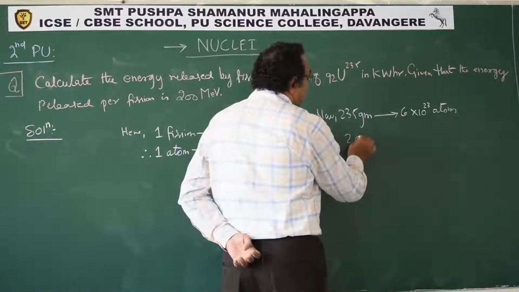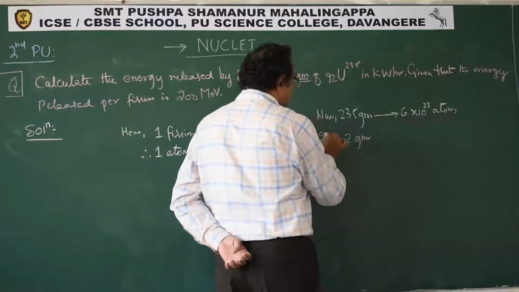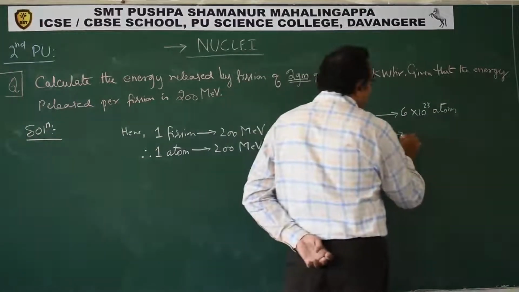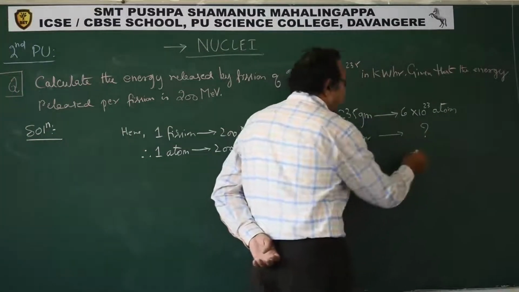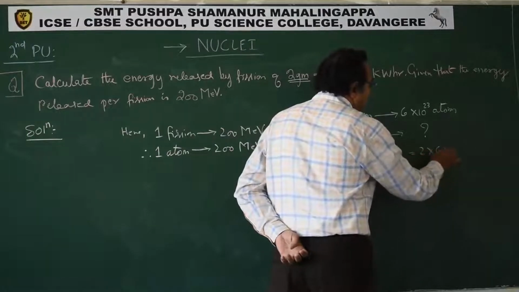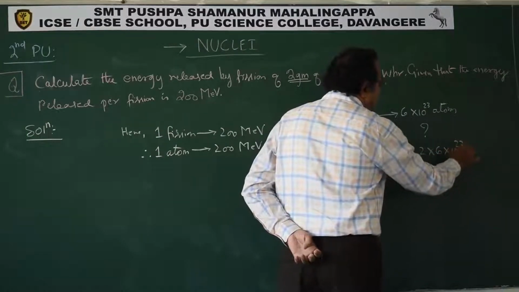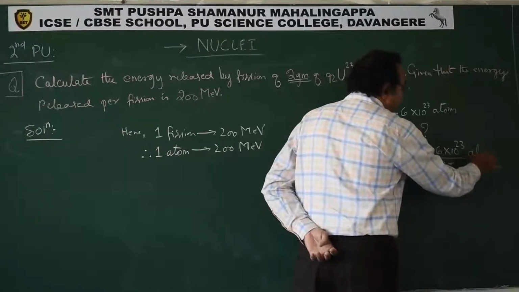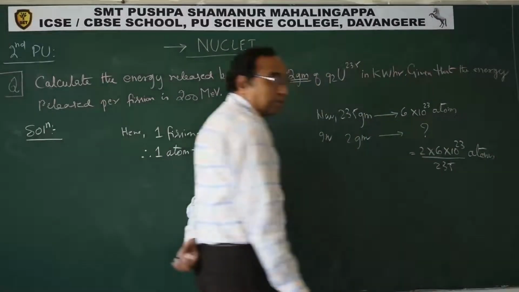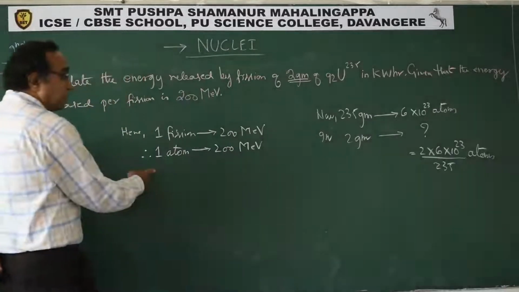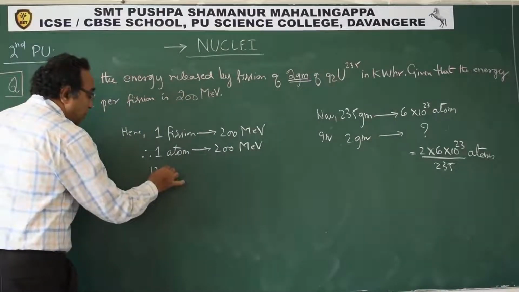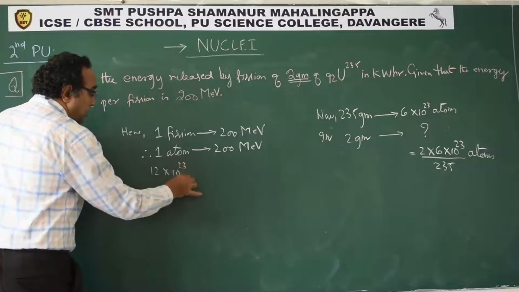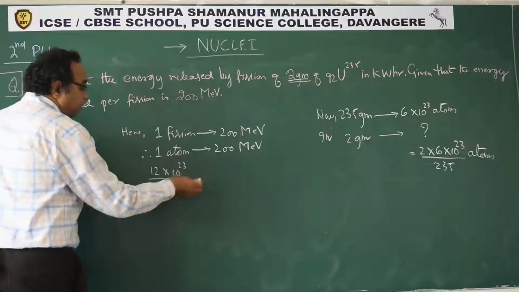Now in 2 grams, how many atoms will be there? That is 2 into 6 into 10 power 23 upon 235. These are the number of atoms present. So 6 into 2, 12 into 10 power 23 upon 235 atoms.